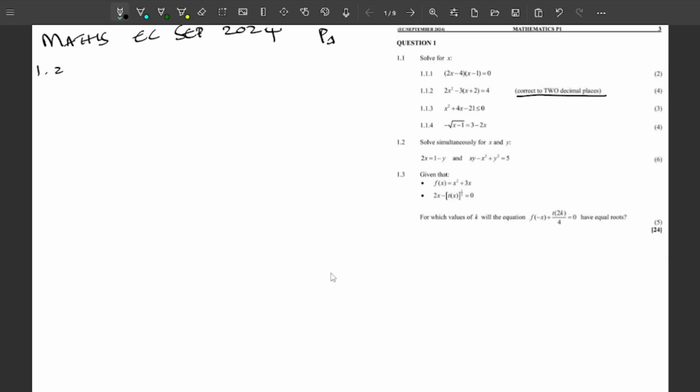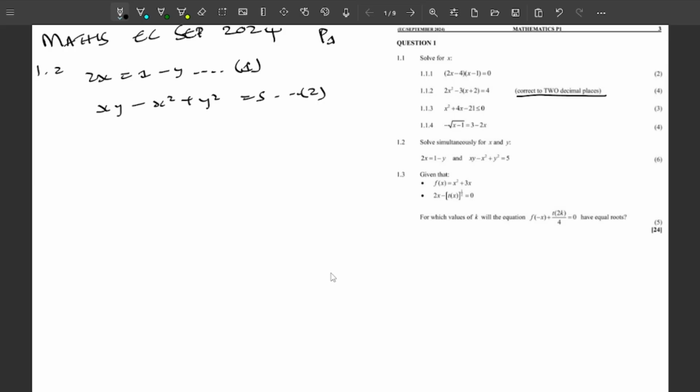They say solve simultaneously for x and y, which is solving two variables, and once you get two variables you'll be solving 3 and then 4 and then 5 and then 6. Problems never end. Right, so it's going to be 2x is equals to 1 minus y. So this is your first equation, and then from there on we have our second equation, which is this one.